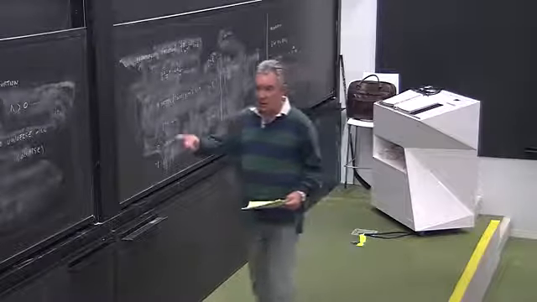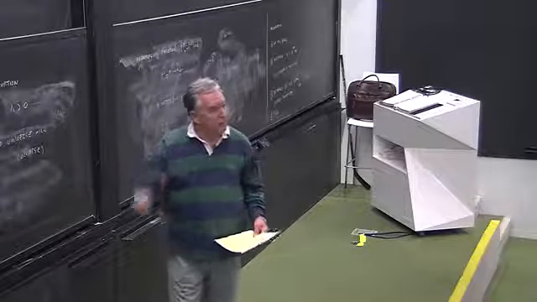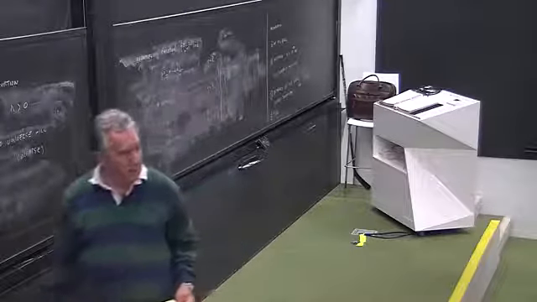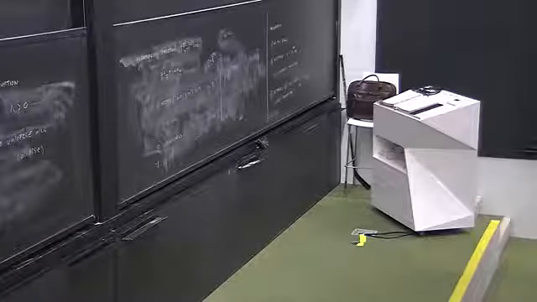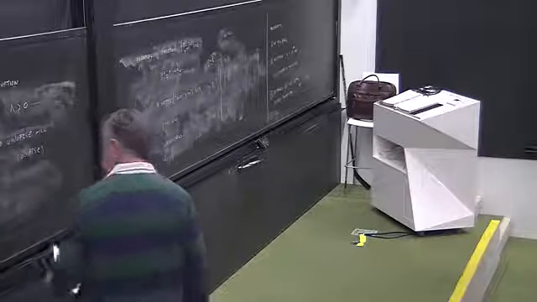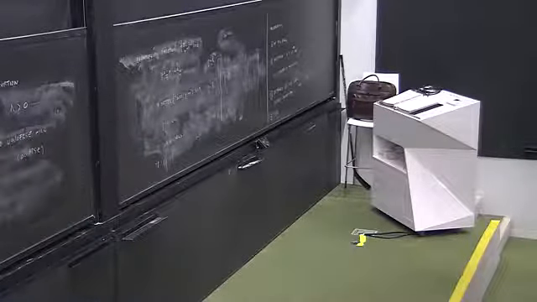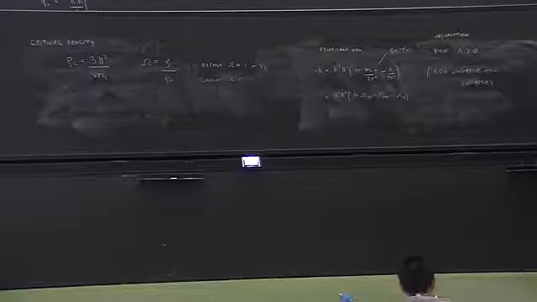But if there's a cosmological constant and it's negative, the universe will collapse anyway for any value of k. But that's not the universe we live in, apparently. The universe we live in is one with k equals 0 and lambda greater than 0. So let's look at Friedmann's equations.